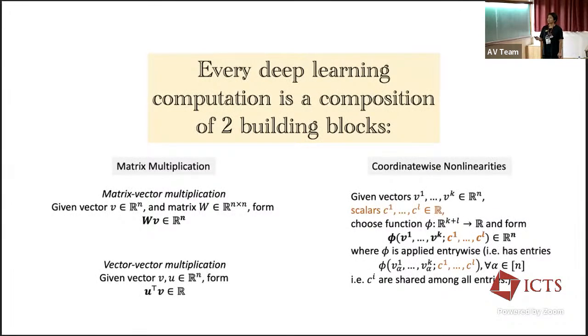In the nonlinearities, when I have scalars, I can insert them into the nonlinearity like this, where essentially every entry of this vector is phi applied to the corresponding entries of the v vectors and all the scalars. The scalars are shared among all the entries, for all alpha. Again, nothing really is happening so far. You might not even understand why this is crucial, but don't worry about that for now.